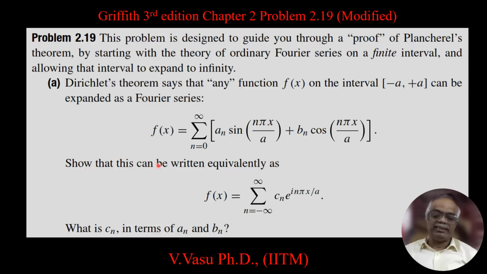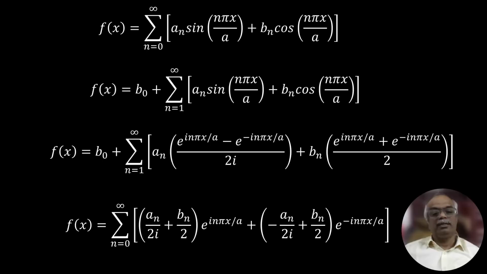This can be written equivalently as f(x) equal to the summation over n from minus infinity to plus infinity of c_n e^(i n pi x over a). What is c_n in terms of a_n and b_n? This is part A. We will solve part A now.